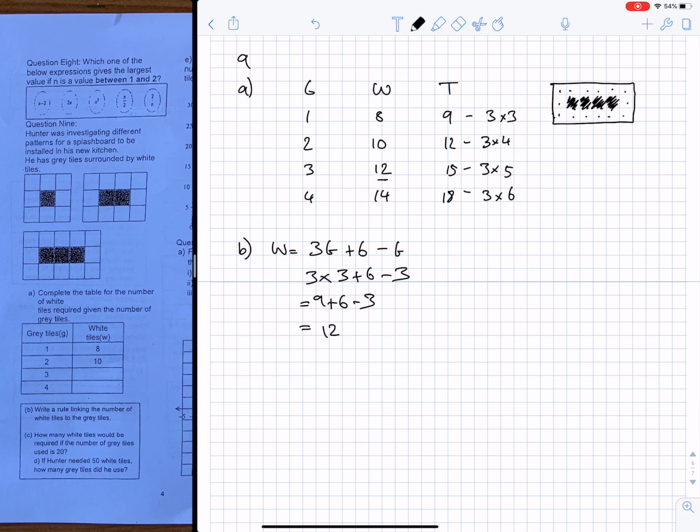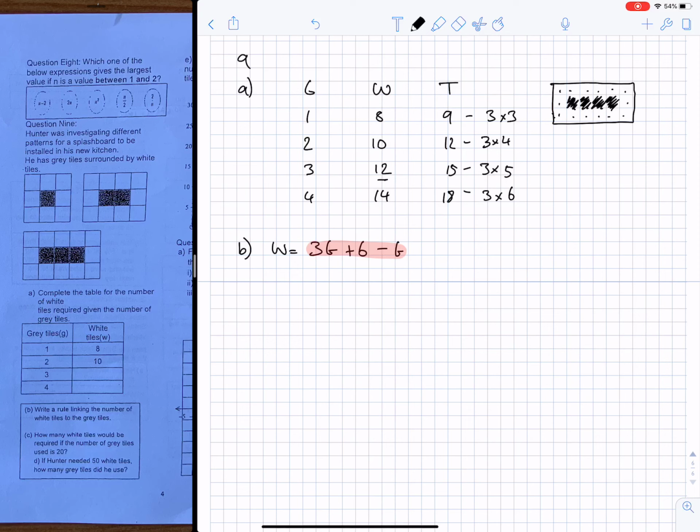So you've got 3 times 4 plus 6 minus 4, 12 plus 6 minus 4, which equals 12 plus 6 is 18, minus 4 is 14. So we know that this rule, this formula, works to explain the number of white tiles needed.